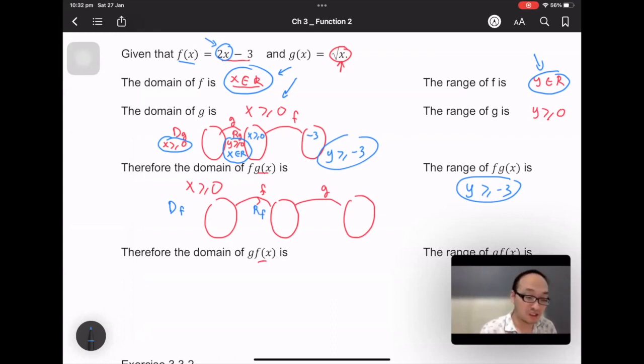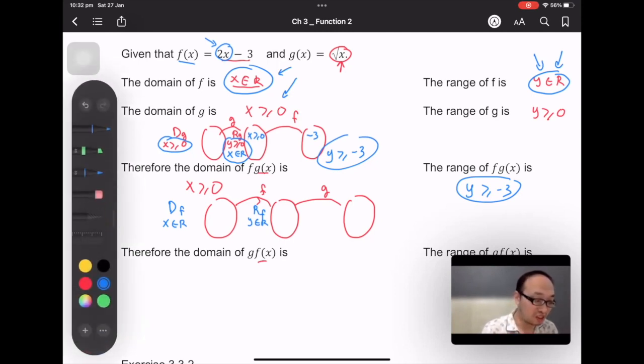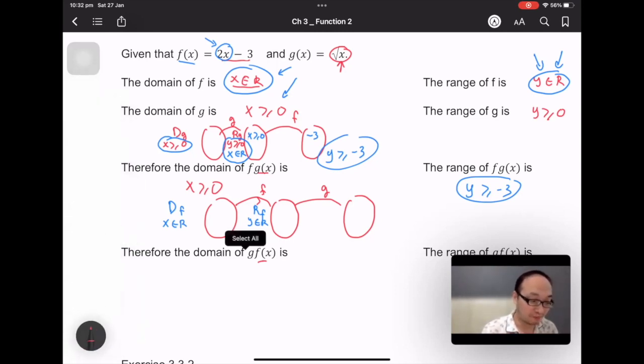So the domain of f is x, element of real numbers, and the range of f is y, element of real numbers. Now, this range will be the domain of g. So we see that the domain of g is x greater than or equal to 0.